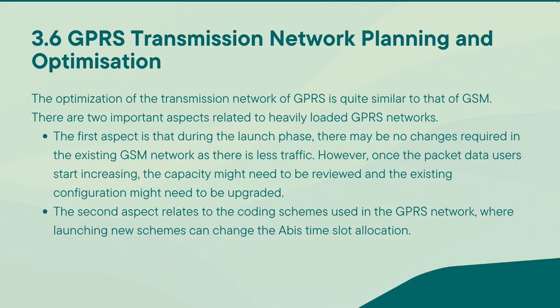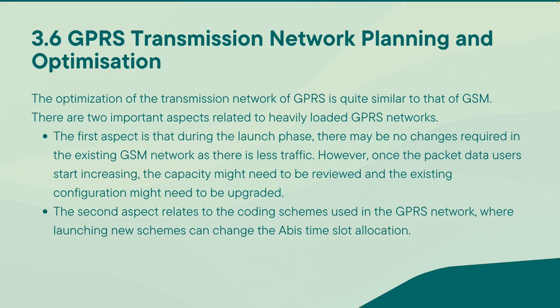So the optimization of the transmission network of the 2.5G network is quite similar to the 2G network. There are two important aspects related to the heavy loading of the GPRS network.